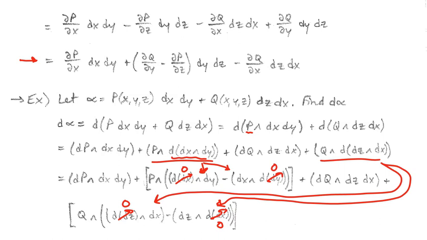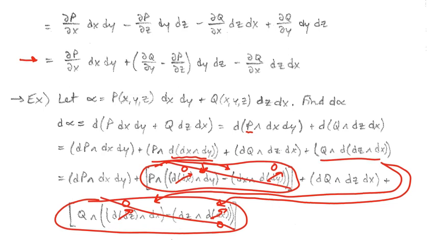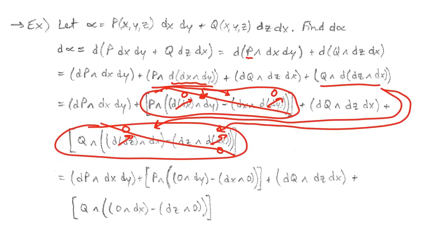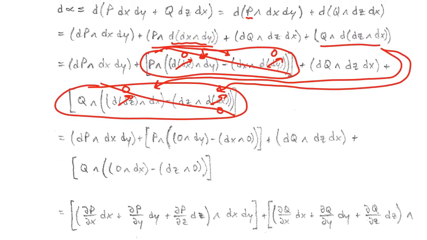So this entire thing here, these entire terms, are going to be gone. So all we're left with now is the sum of two terms. This dp times dx dy plus the dq times dz dx.